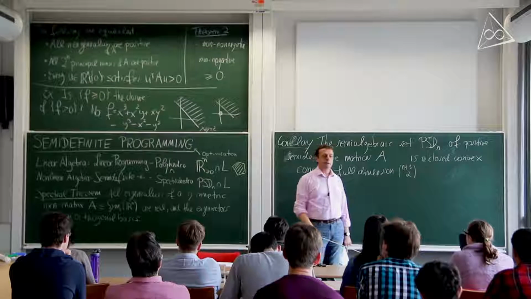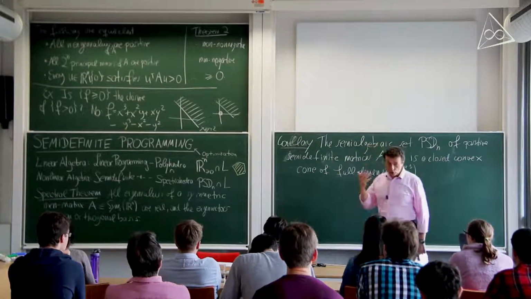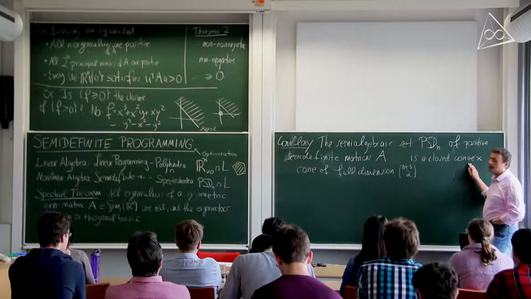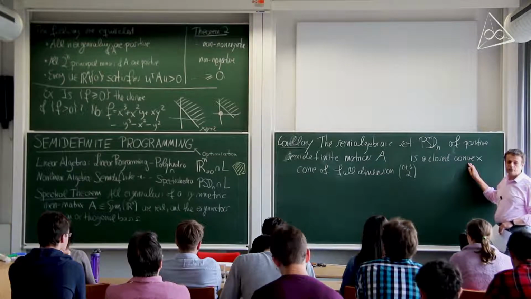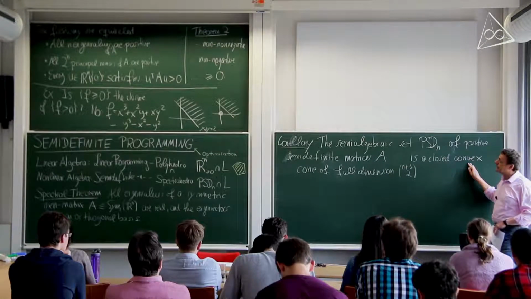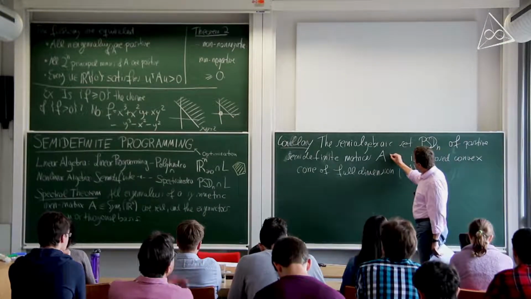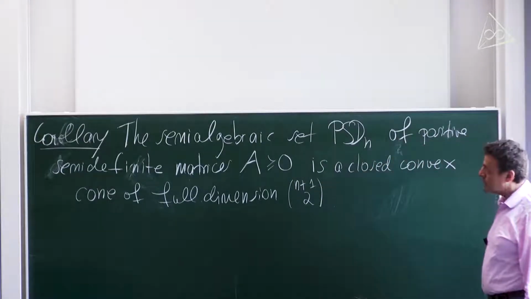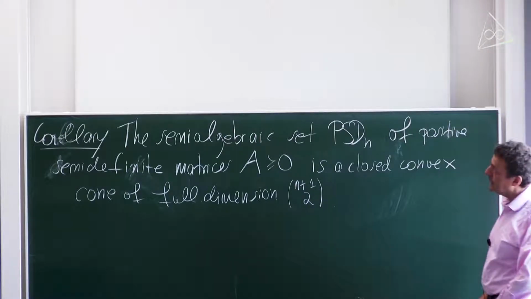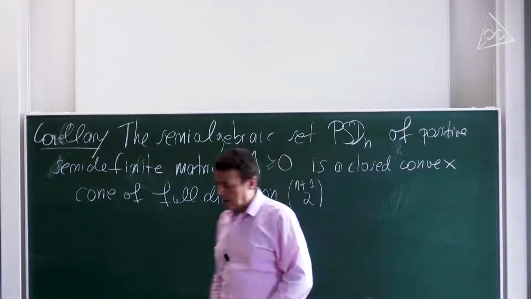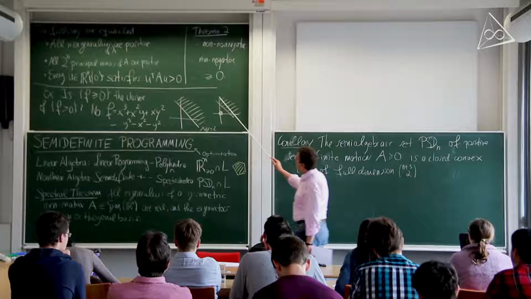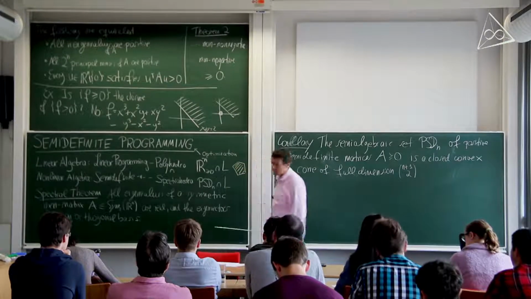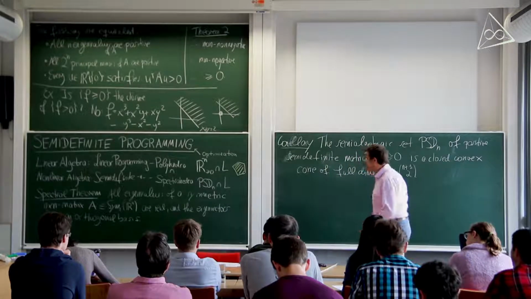The third description describes our set PSD as the solution set of an infinite list of weak linear inequalities, and that makes it a convex set. A convex set, by definition, is one that's given by a list of linear inequalities. I'm going to use this notation, this funny greater-or-equal sign, to say that A is a positive semi-definite matrix. So again, our set PSD has several structures. It's a convex set, it's a semi-algebraic set, and it also has the spectral interpretation in terms of the eigenvalues.